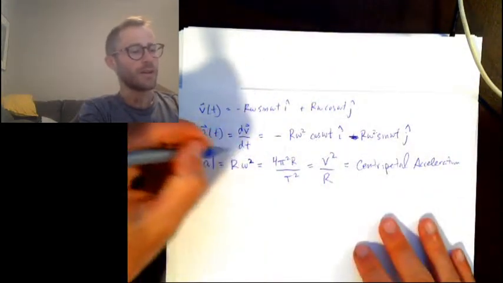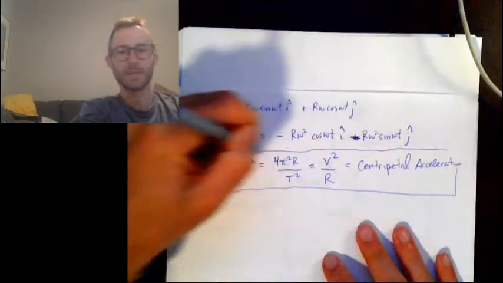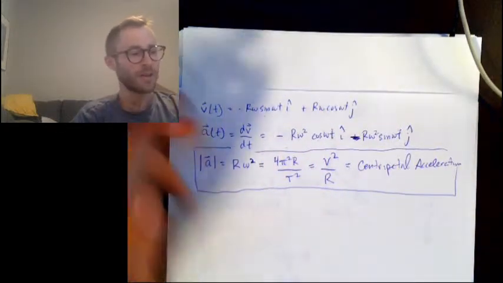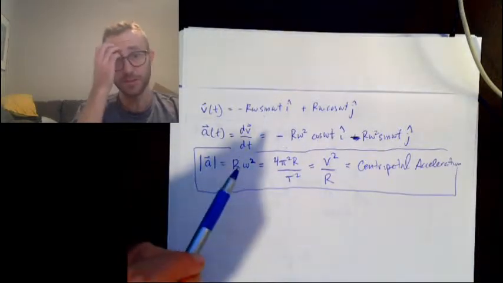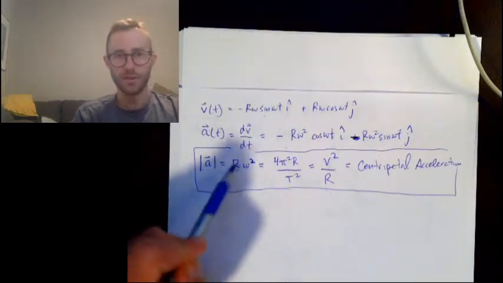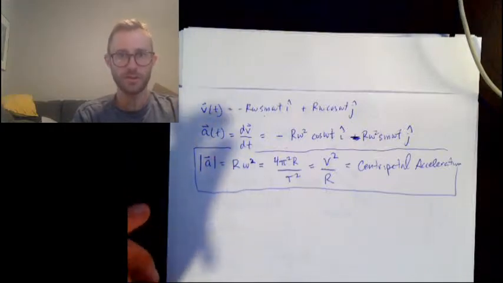I've just given you 3 equivalent formulas for centripetal acceleration. These 2 I used last year in AP Physics 1 or in IB Physics, and this one is an equivalent form that's just expressing it in terms of angular velocity.